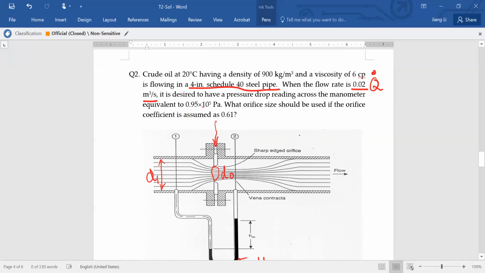Equivalent to, it means after you take your reading from the manometer, you can calculate the delta P will equal to this. So you no need to calculate delta P by rho mercury minus rho water g delta H again. You can directly use this. So this is your delta P directly. You can use later.